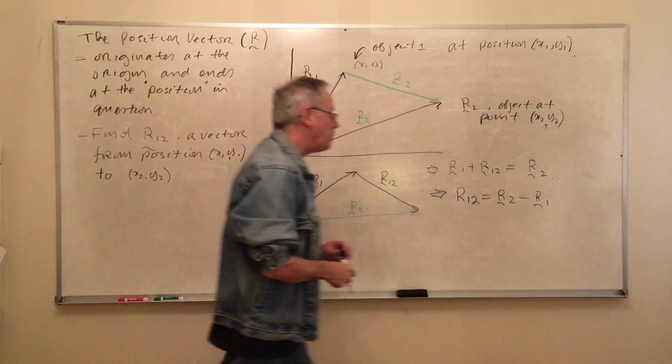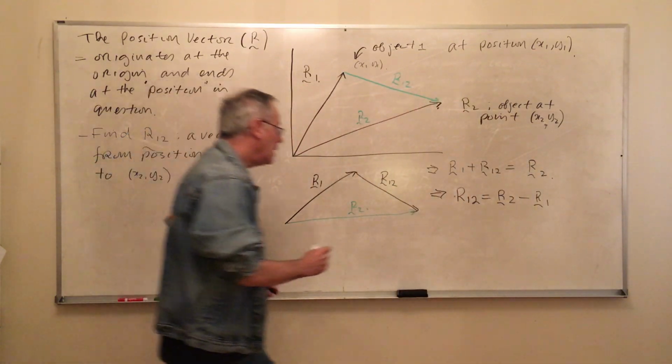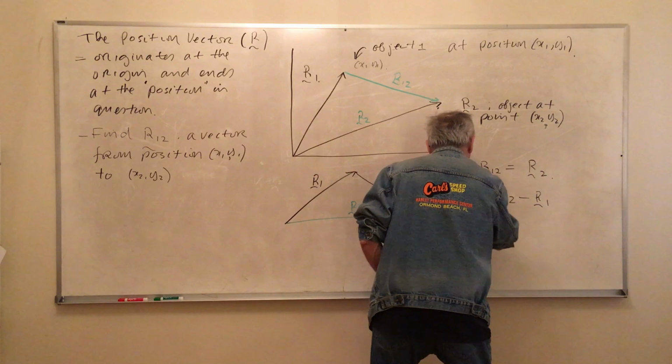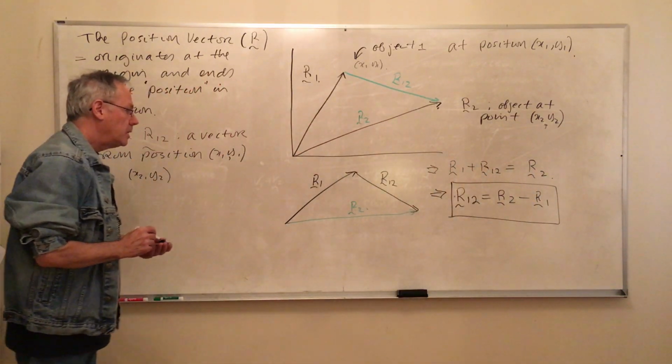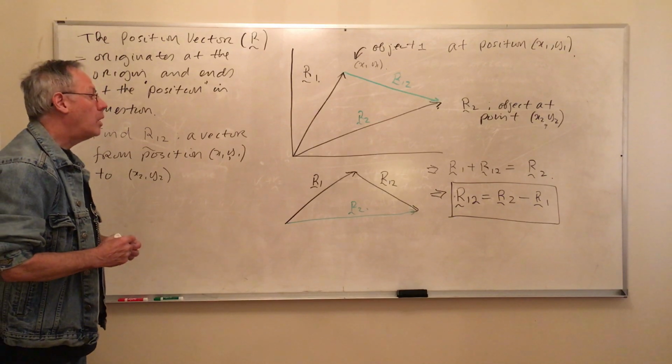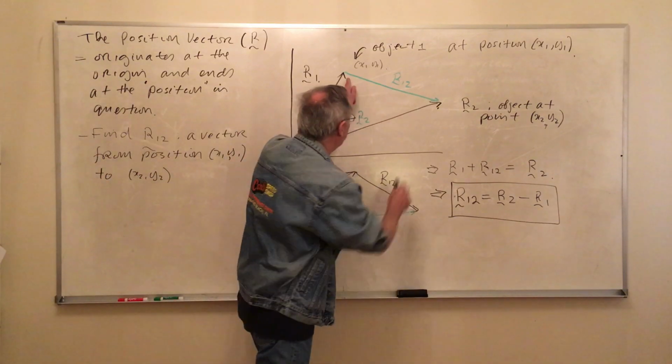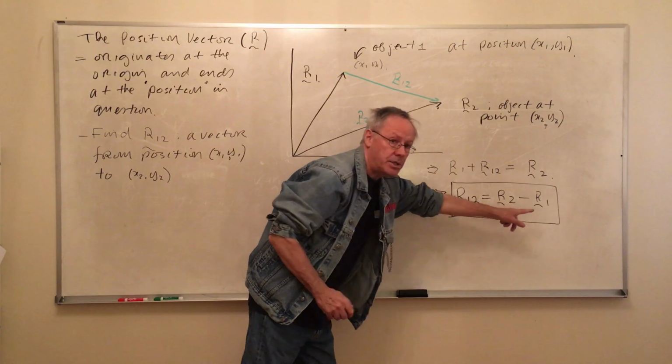It gives the same thing, except that R1 is in that position. So therefore, this is our result. Very important result. It's simple, but people sometimes overlook it. R12, the vector from here to here, is given by R2 minus R1.